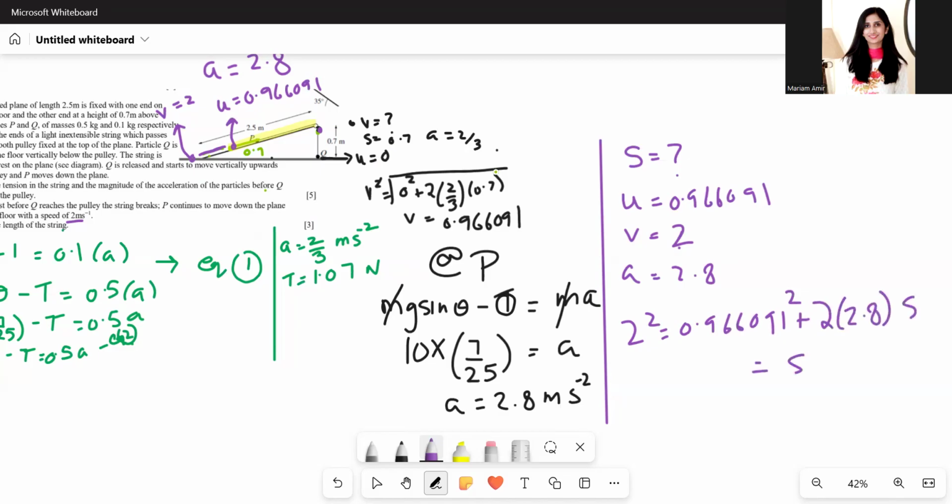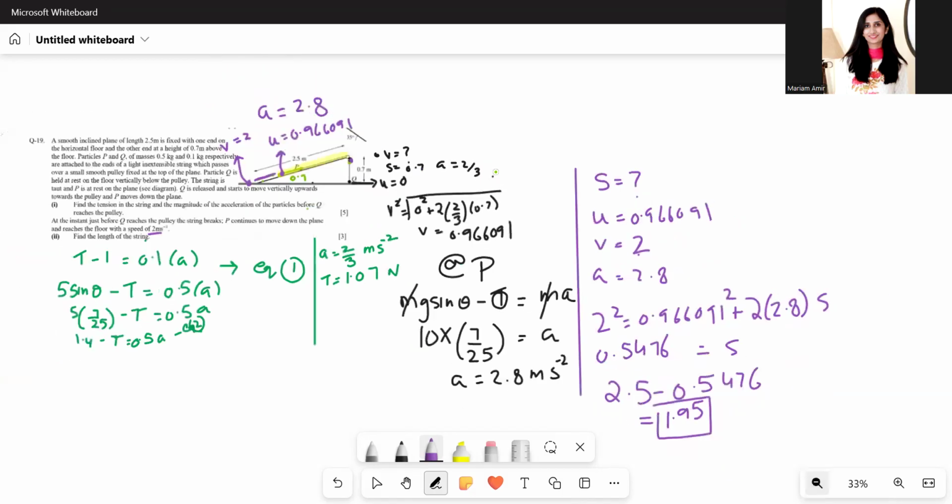Now make S the subject here, and you will get 0.5476, and you subtract that from 2.5 to get the length of the string, which gets us 1.95. I just have the rounded value with me. So you will write the unrounded answer and finally the rounded answer.